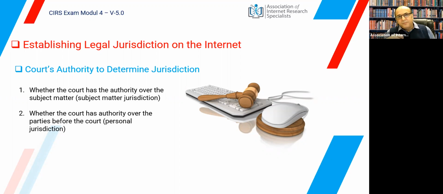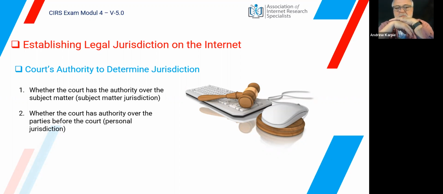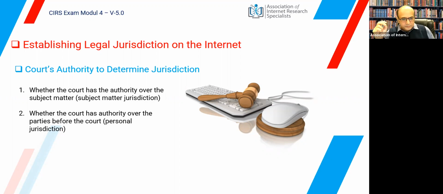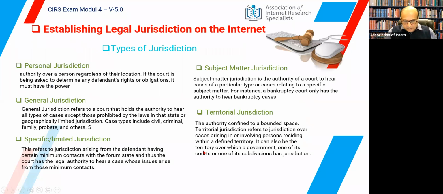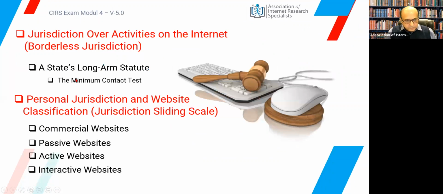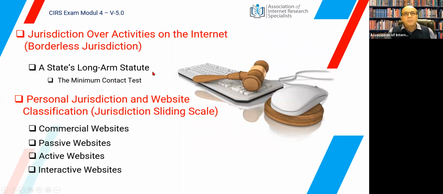So there is an exception to how the court can actually send a summons to someone who is outside of that jurisdiction, on the basis of the minimum contact test. It is covered under a state's long arm statute, the minimum contact.